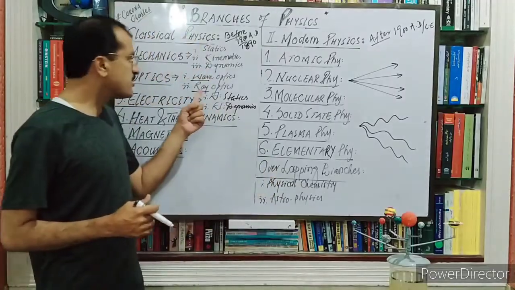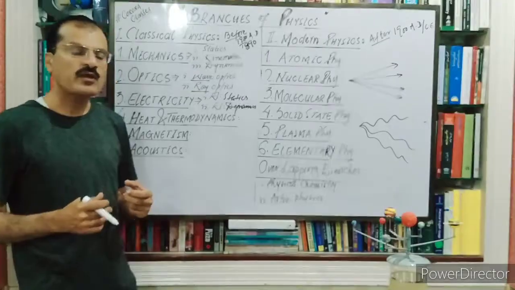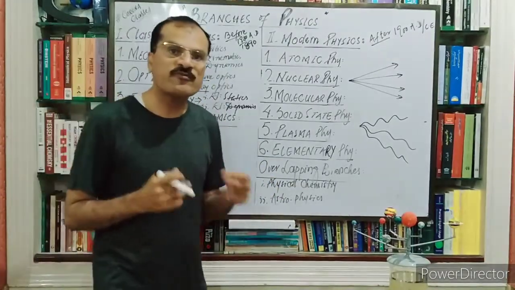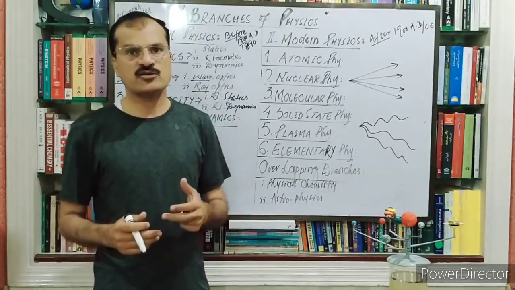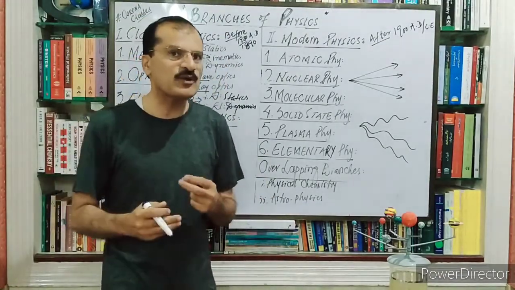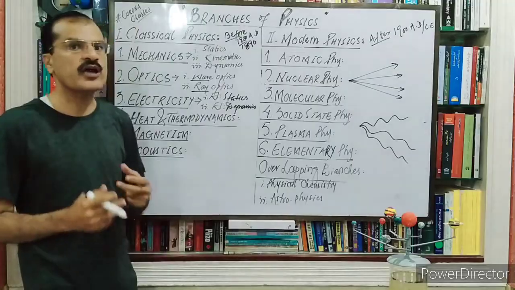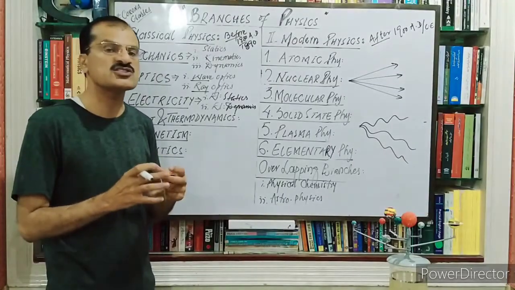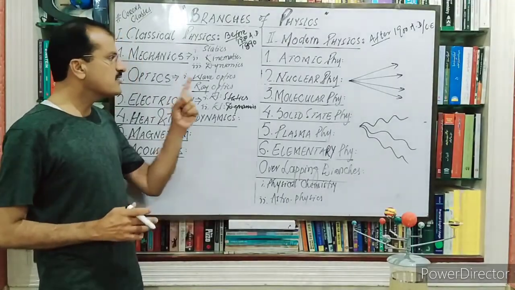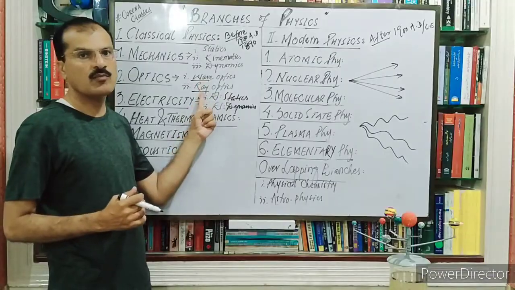But in the 10th chapter we use the ray model, especially for the refraction of light, for the reflection of light. So simply we can say there are two types of models for the study of the light. One is the wave model, other is the ray model.